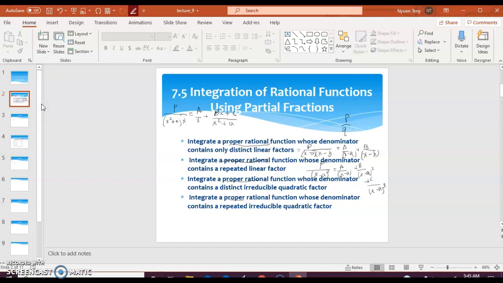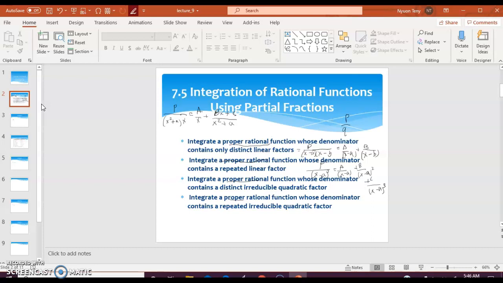So this is how you decompose a rational function that contains a distinct irreducible quadratic factor. To integrate a proper rational function whose denominator contains a repeated irreducible quadratic factor, when it's repeated, we do something similar to that.